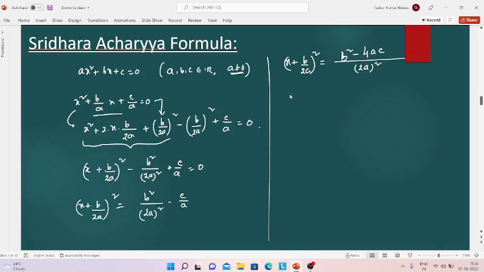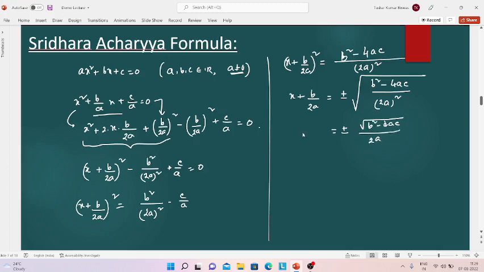Right? So if we take the square root on both sides, we will get plus minus root of b square minus 4ac by 2a whole square. Then we will get plus minus root of b square minus 4ac by 2a, right? So x plus b by 2a will be this part. So what will be the value of x? It will be minus b by 2a plus minus root of b square minus 4ac by 2a, right?